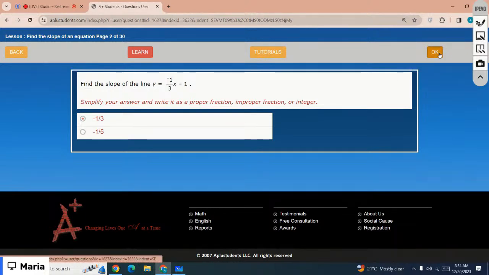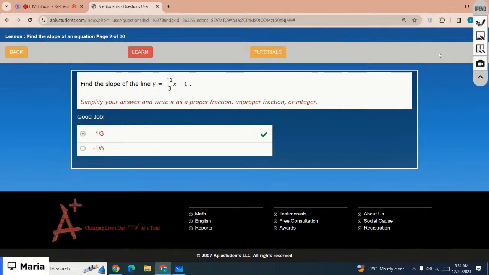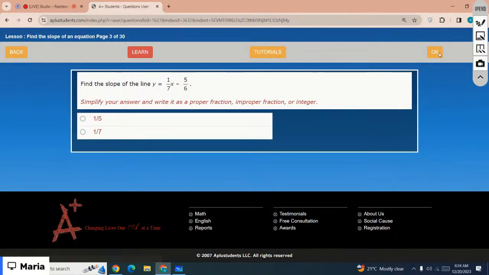Option number 1 is the correct option. Very good. Okay, the next one is find the slope of the line y equals 1 over 7x minus 5 over 6. So, which is the correct option?